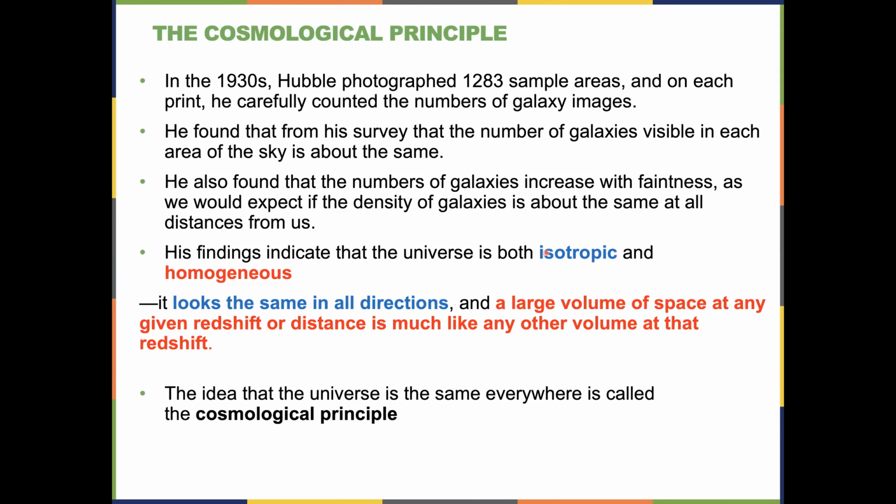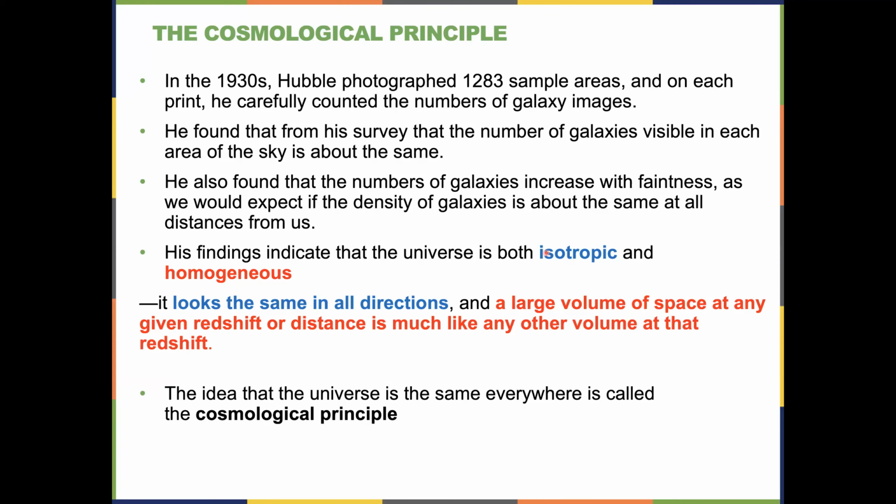The technology they had was not as developed as what we have right now. So he photographed around 1,283 sample areas and carefully counted the number of galaxy images in each area, right?